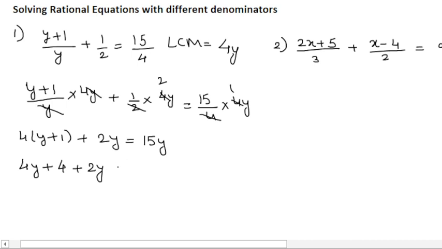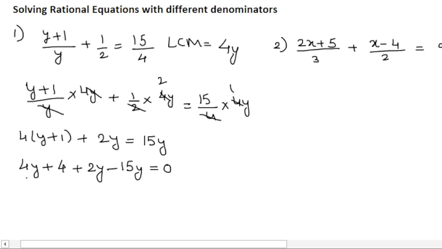So when I do that, the sign of 15y reverses to negative 15y. Whenever you are looking to transpose any term from one side of the equation to the other side, make sure that the operation reverses. So it was addition here, the sign of the 15 was positive. When it is taken to that side, it becomes negative.